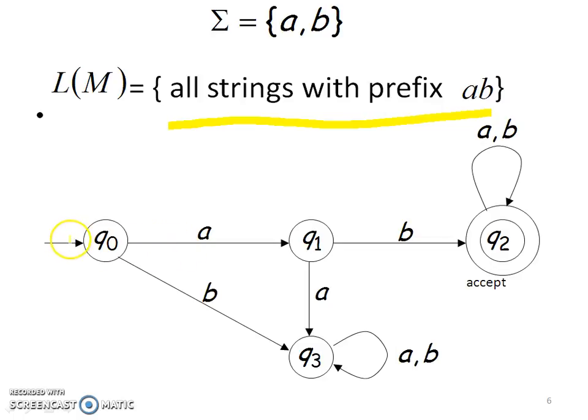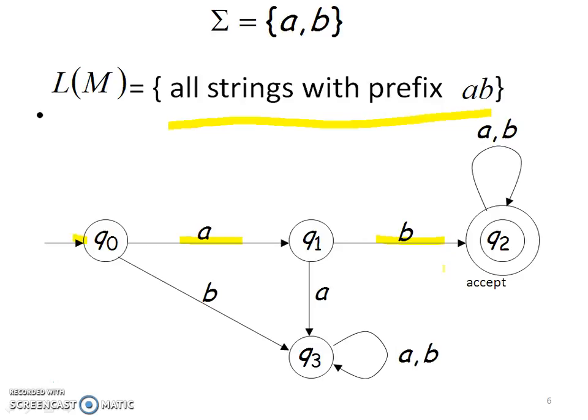So we start in state Q0 and one first accept string that we can make is, say, A followed by B, because that takes us to the final accept state. So one of the accepting strings for this DFA is AB.